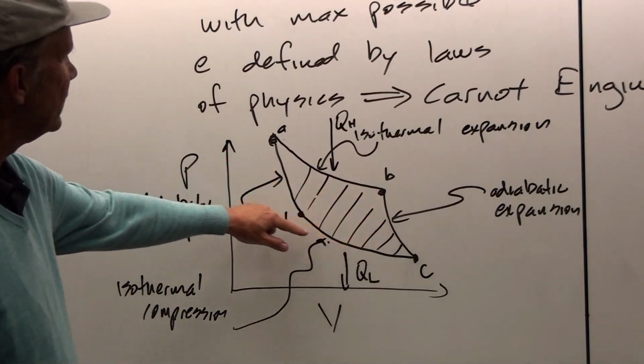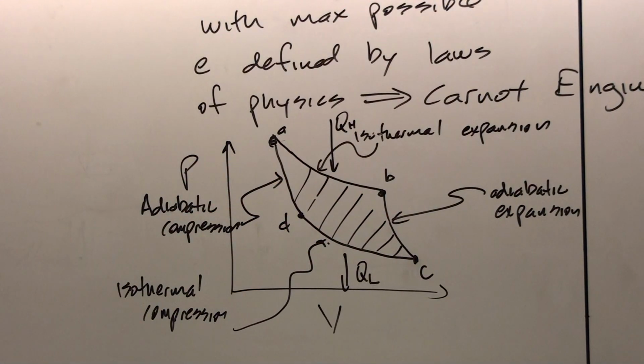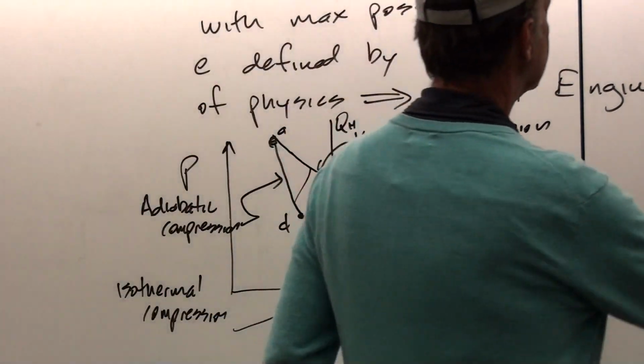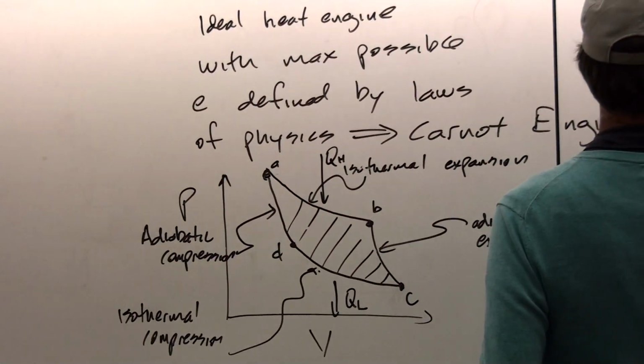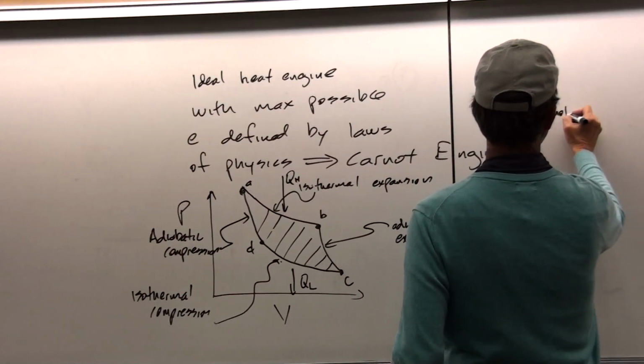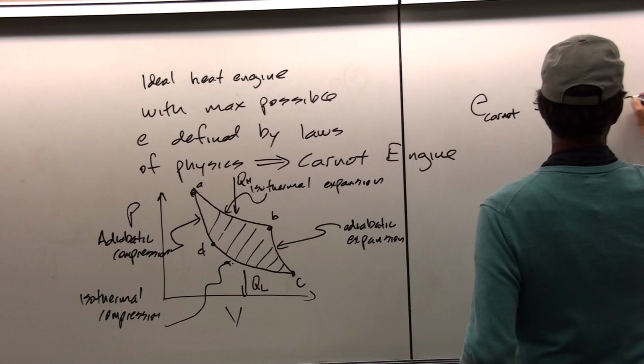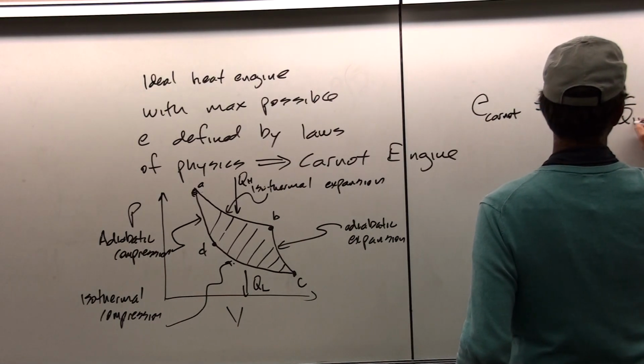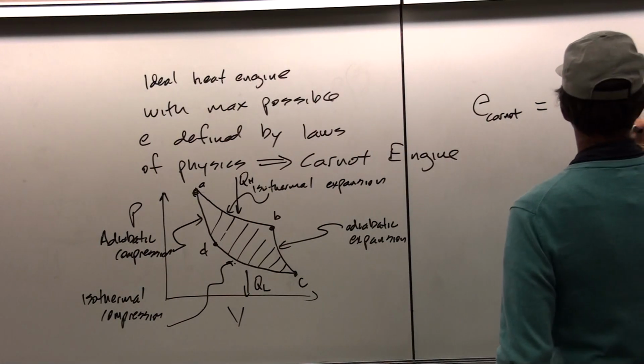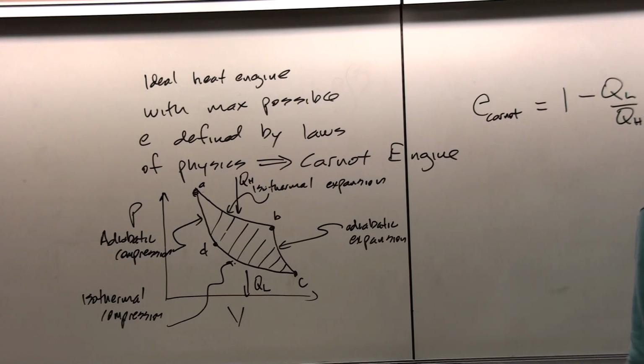But if you work this out, and this is done in your textbook, you can show that the efficiency, E Carnot, is equal to 1 minus QL over QH. For Carnot, that's equal to 1 minus TL over TH.